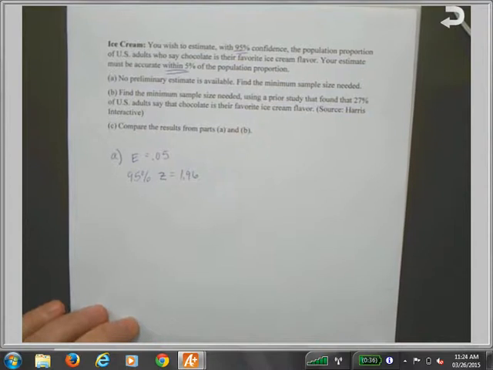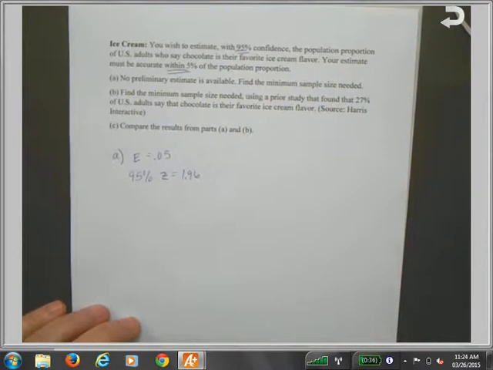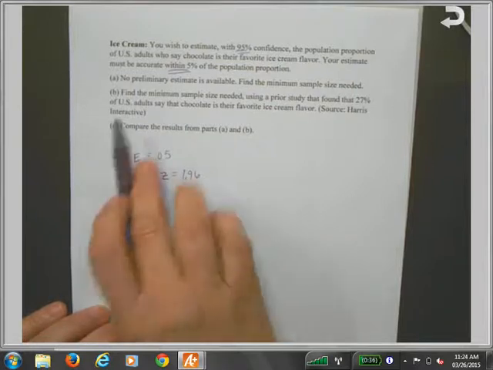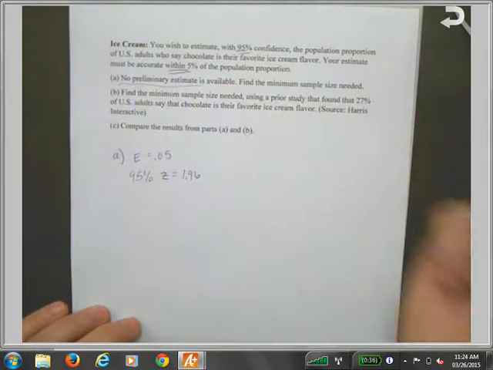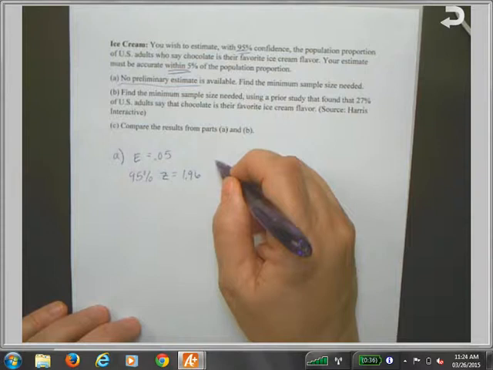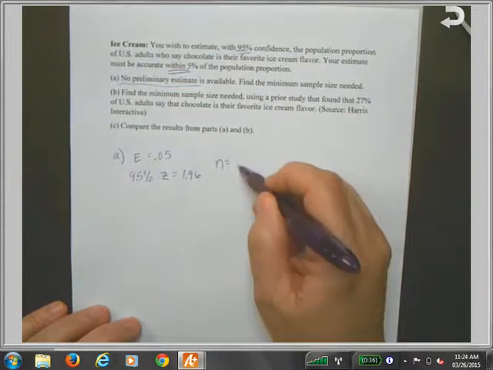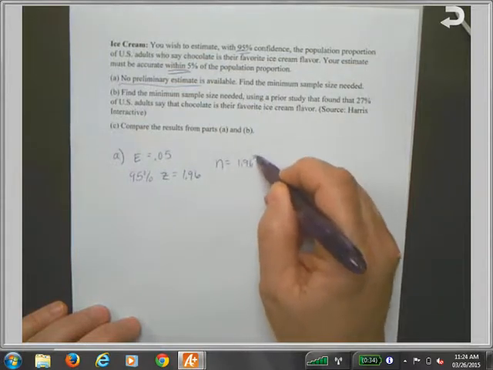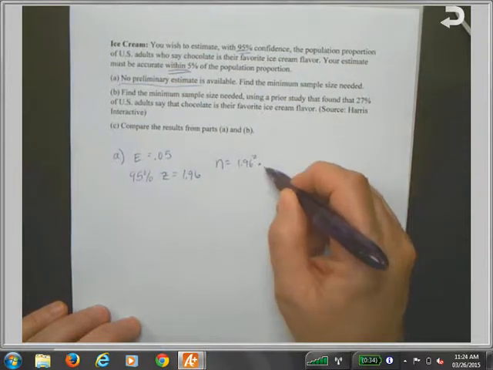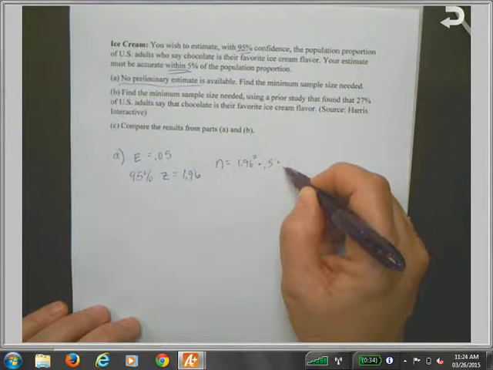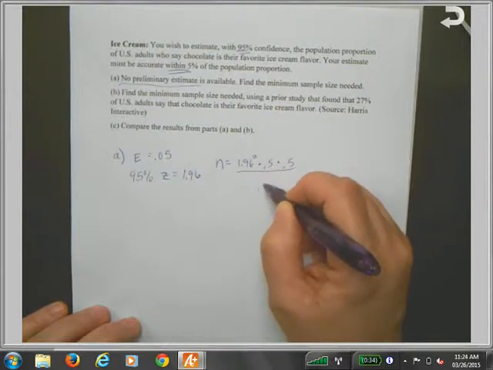We only use a few of them repeatedly, so it's not something you have to find every time once you get to know this. And letter A also says that there's no preliminary estimate, so we're going to use our 0.5s. So N will equal 1.96 squared times 0.5 times 0.5, all divided by 0.05 squared.